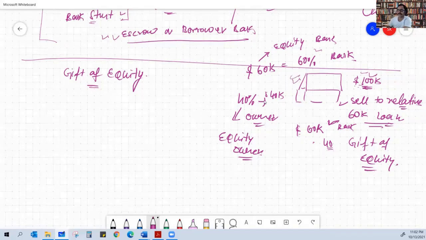You need not pay anything to me. That is a gift of equity. So there is no exchange of funds happening there.